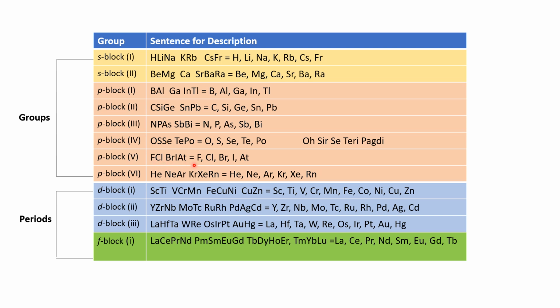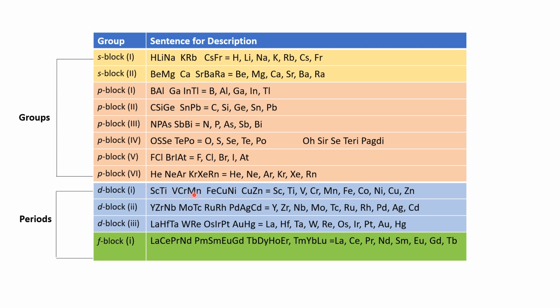Fossil Bright, that is fluorine, chlorine, bromine, iodine and astatine. Now in the noble gas family, we will use this sentence: He Near Krasren, that is helium, neon, argon, krypton, xenon and radon.